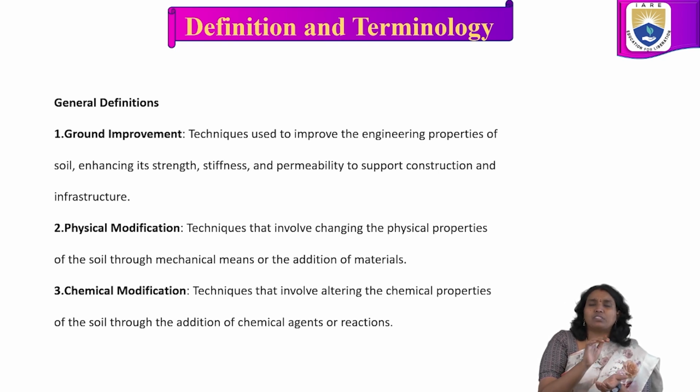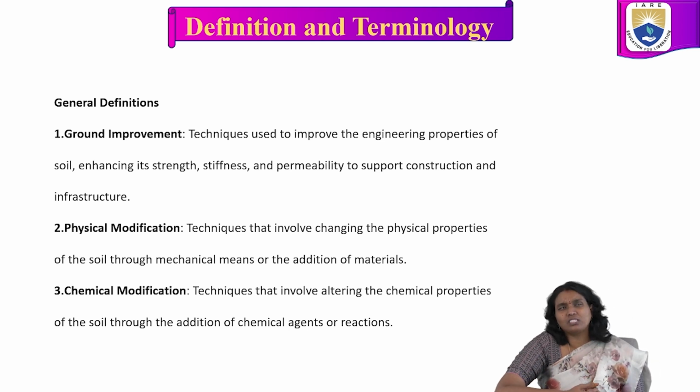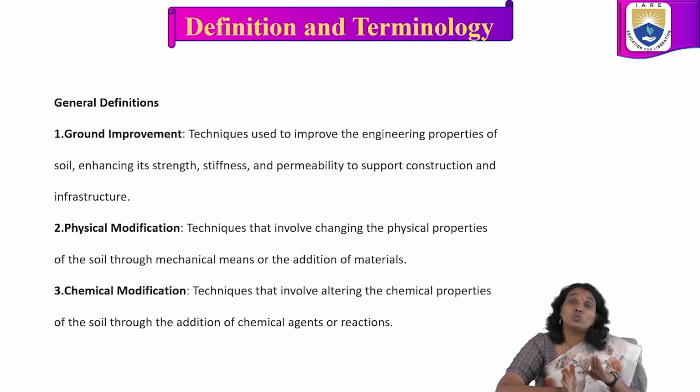These all come under chemical modification. In chemical modification techniques, the terminologies depend upon which type of chemical is required and which type of chemical is used for getting the desired properties.